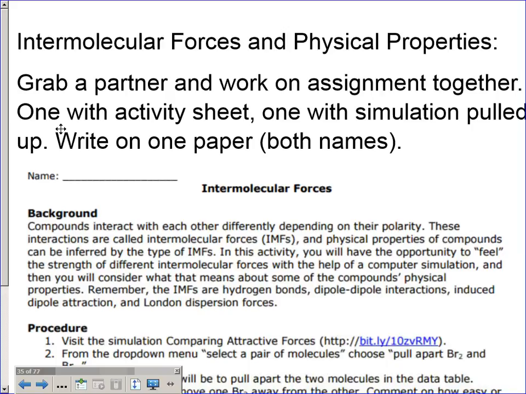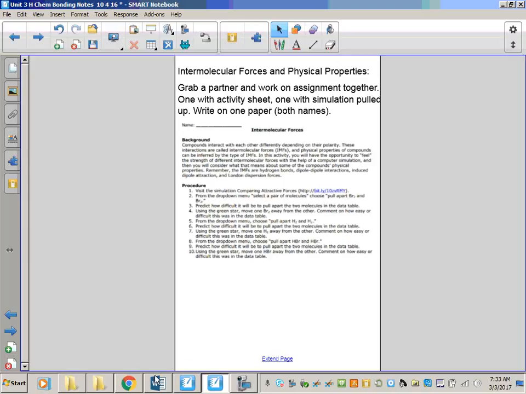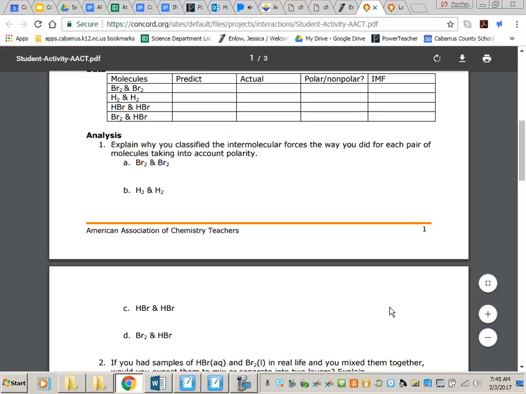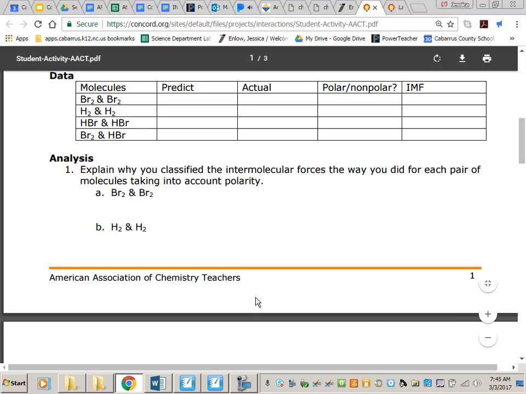I didn't predict, but polar or non-polar. I think it's polar or non-polar. Okay, because I have one more part I want you to get to on here.